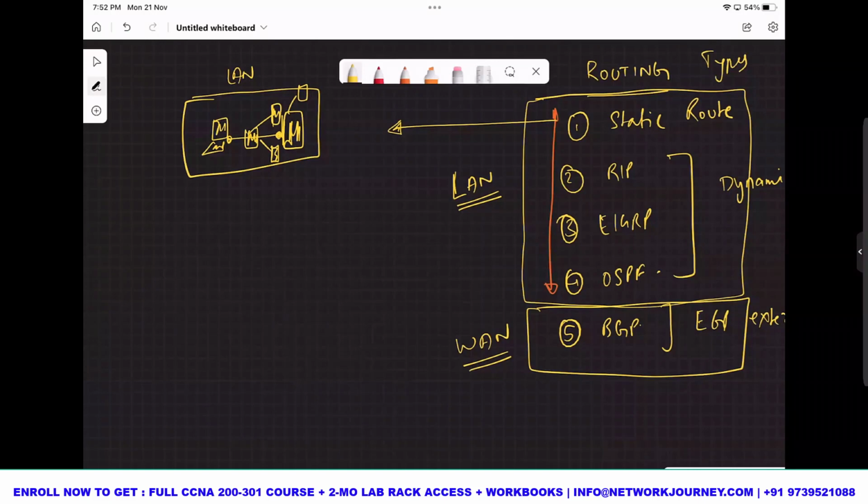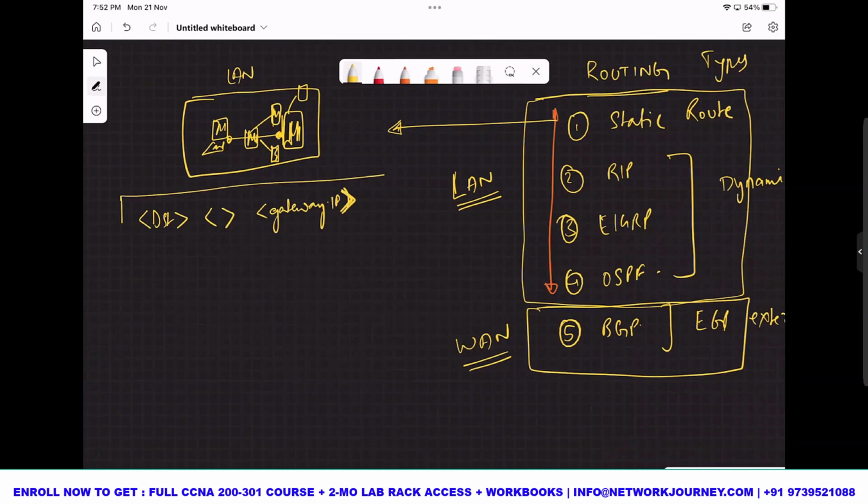So to reach the destination IP, I can go via the gateway IP.